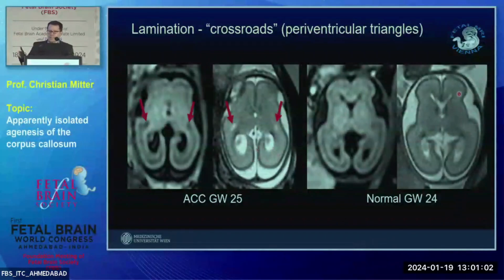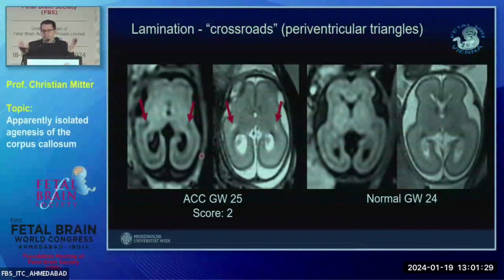Also on 3 Tesla, they are a bit more prominent than on 1.5 Tesla. But this signal intensity here is much too high. It shouldn't be that high. And also the strong suppression on the FLAIR points to this being an abnormal signal in this region. Also, this should be classified as an abnormality of lamination and given points.